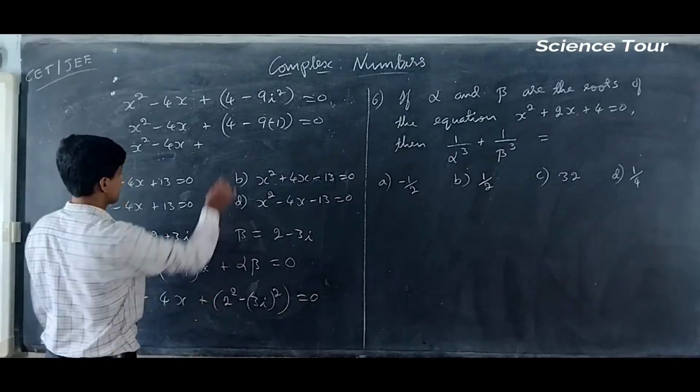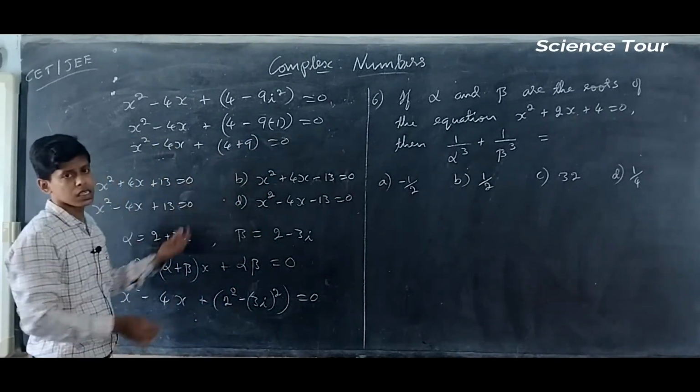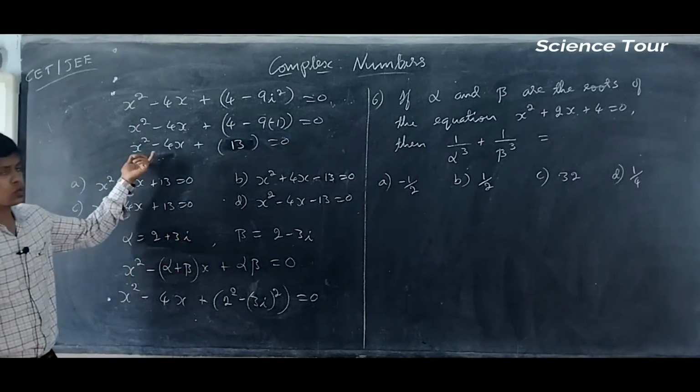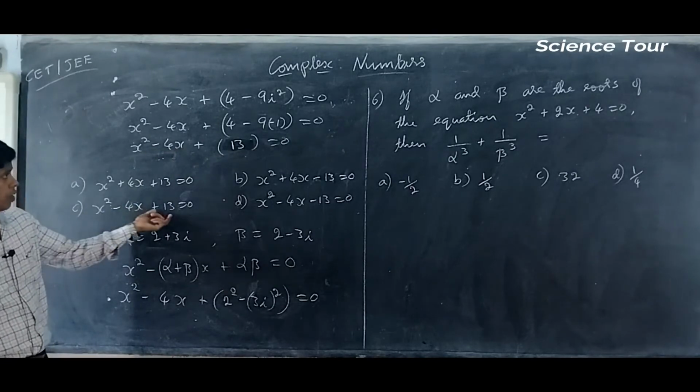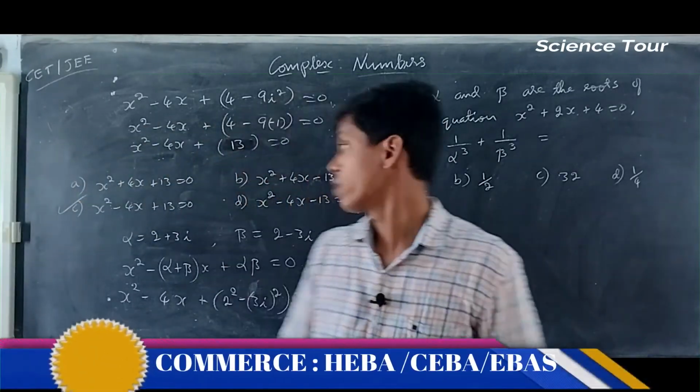So this is 4 plus 9, and 4 plus 9 is nothing but 13. So x square minus 4x plus 13 is equal to 0. Option C is the right answer for question number 5.